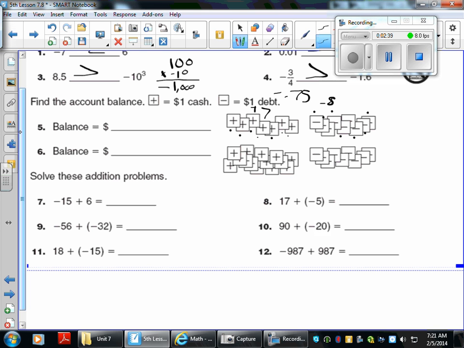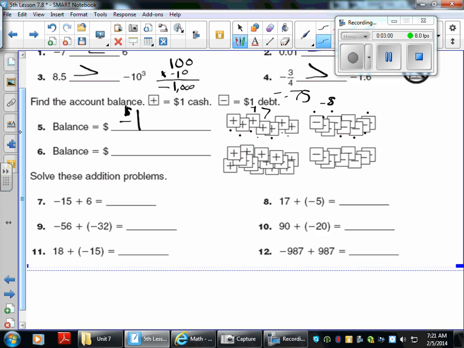And look at that, I have more negative than I have positive. I have 8 in debt, so I still owe $1. There's a $1 difference, but I still owe $1.